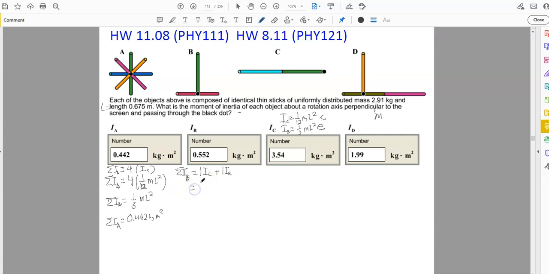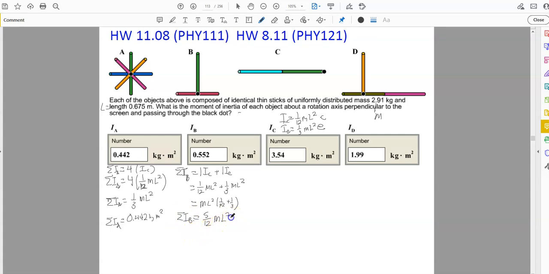That becomes 1/12 mL squared plus 1/3 mL squared. We could reduce this by pulling out mL squared, and now we have 1/12 plus 1/3. That's 1/12 plus 4/12, so that's 5/12. So this is 5/12 mL squared, which is the total moment of inertia at B.